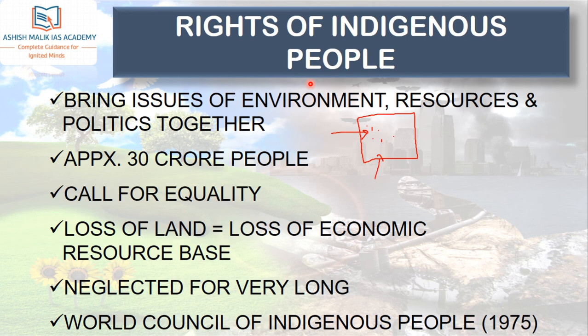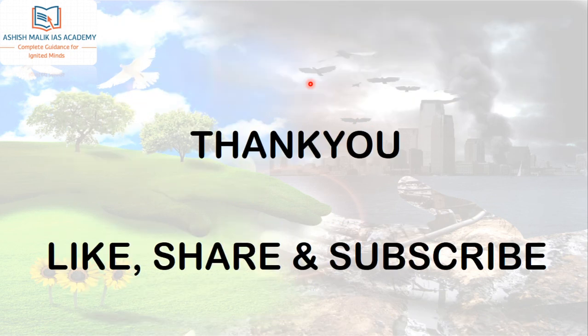In India even, many constitutional protections are given, and in India, indigenous peoples are known as tribals. Specifically, when we talk about indigenous people in the Indian context, we are referring to the scheduled tribes. So in India, numerous constitutional protections have been given, reservation is provided to the ST community, and many initiatives have been taken. So this is all about chapter number 8.